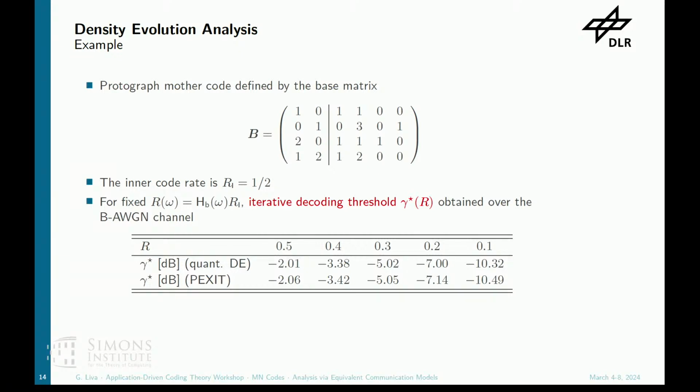EXIT charts are quite accurate in this setting, but when we start to have a lot of shaping on the information part, the accuracy of the EXIT chart approach becomes a bit questionable. So in our optimization we typically use EXIT charts, since they are very fast, to compute thresholds for rates that are not too low. And when we start to operate in a highly shaped regime for the input of the encoder, we switch to quantized density evolution.